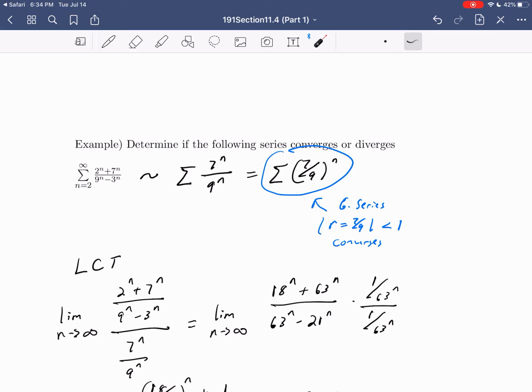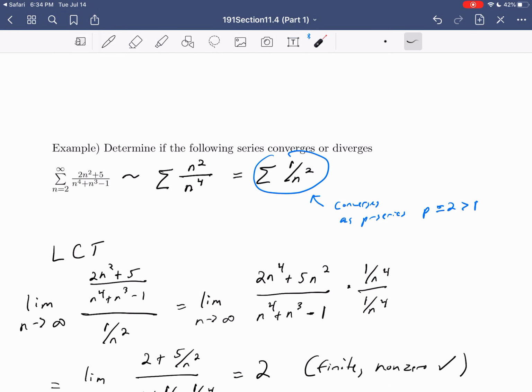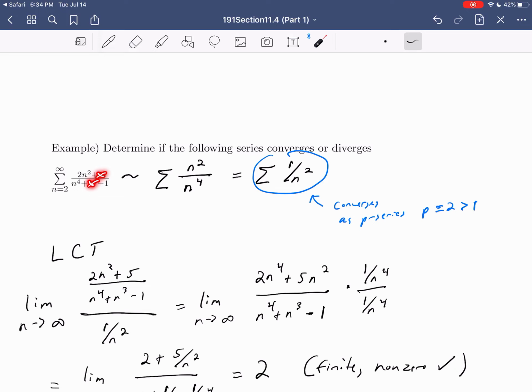As you can see, we basically said this and this aren't going to matter in the long run. Or in this example, we said this plus 1 and this minus 2 aren't going to matter in the long run. Or here, this 5, this n cubed, this minus 1, none of those were going to matter in the long run. The LCT really gets at the heart of the matter here, that we're really interested in what are going to be the dominant terms in the long run.